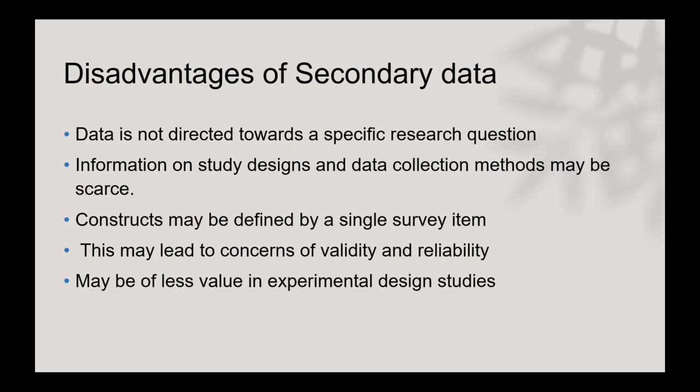So when you're asking just one particular question, that question becomes a single survey item, and that single survey item is actually nothing else but a variable, which is also known as a construct. So this may lead to concerns of validity and reliability.